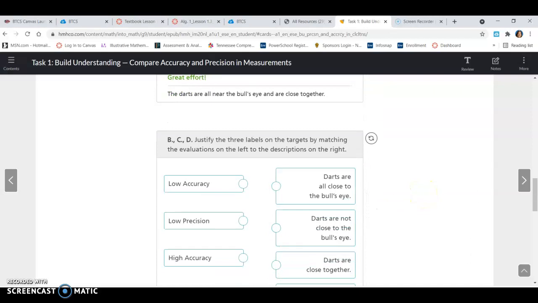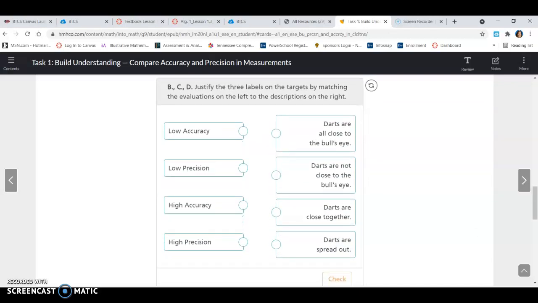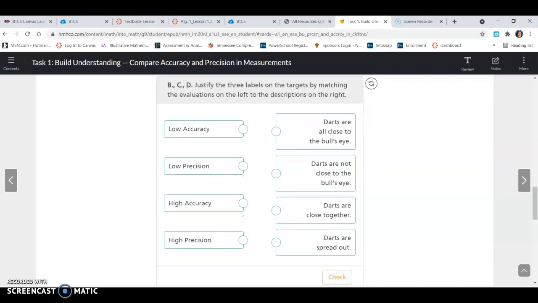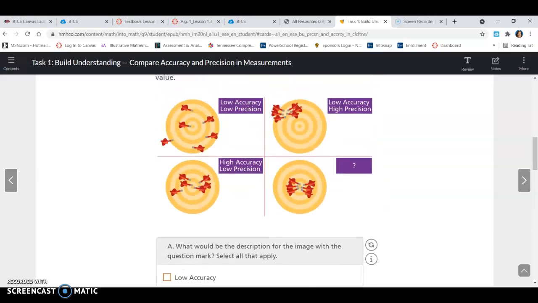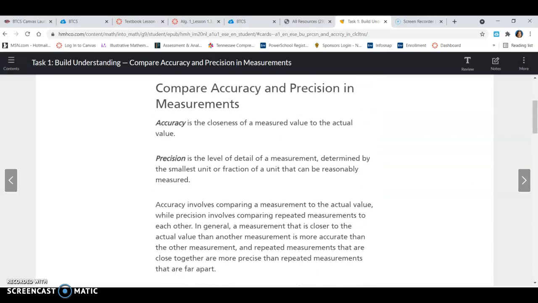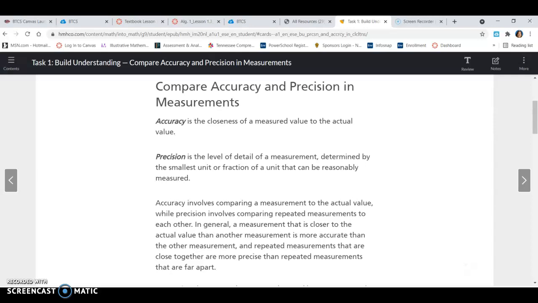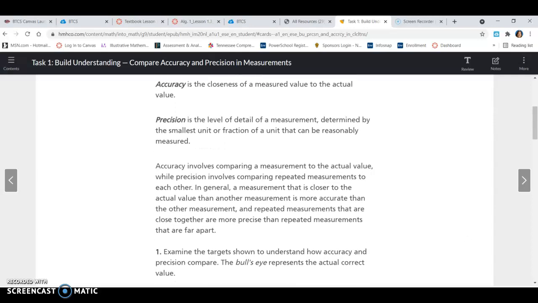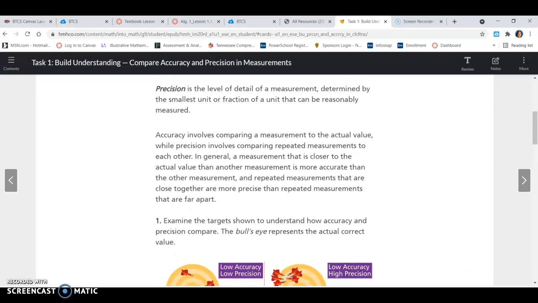All right, moving on down. Justify the 3 labels on the target by matching the evaluations on the left to the descriptions on the right. So we go back to the definition. Just scroll back up real quick. Accuracy is the closeness to the actual value, and precision is the level of detail of the measurement.